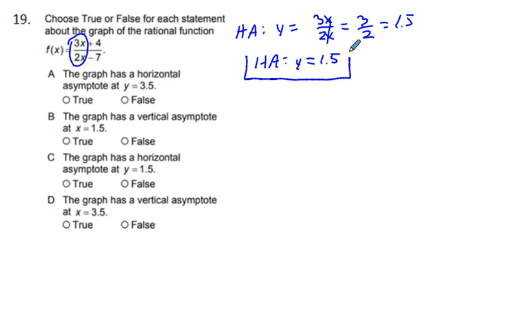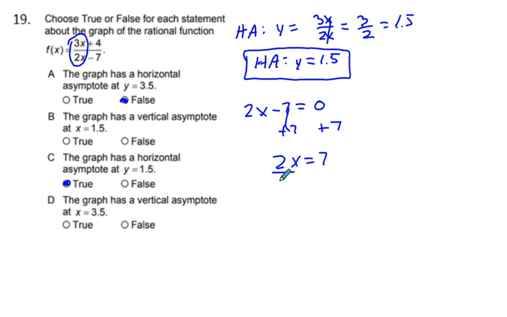So this is false here, and C is true. Next, for vertical asymptote, we have to have our denominator equal to 0 to have a vertical asymptote. So we have 2x minus 7 is equal to 0. 2x equals 7, divided by 2.